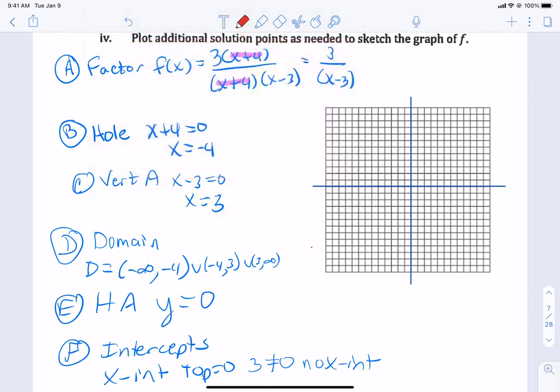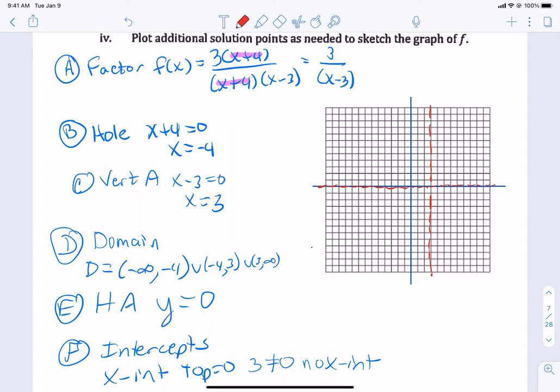I have a vertical asymptote at 3. Next thing I put on is my horizontal asymptote at 0. Now, if I have 2 vertical asymptotes, I do tend to put my horizontal asymptote on the outside of those, but since we only have 1 vertical asymptote, just put it along the line, you should be good.